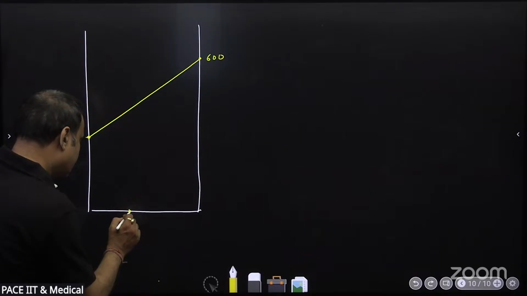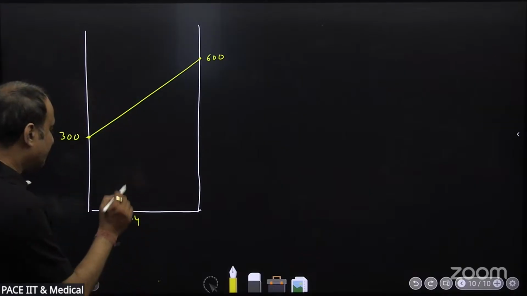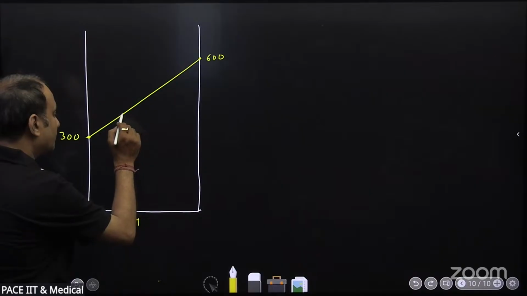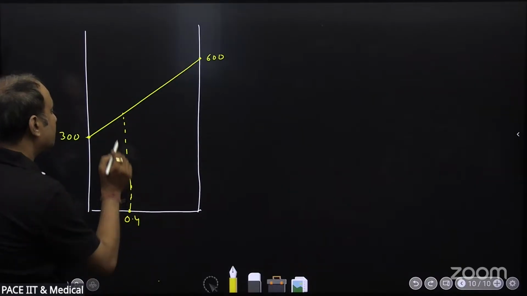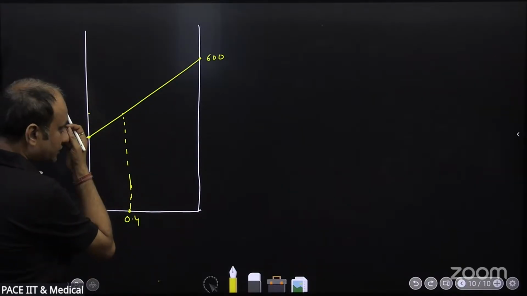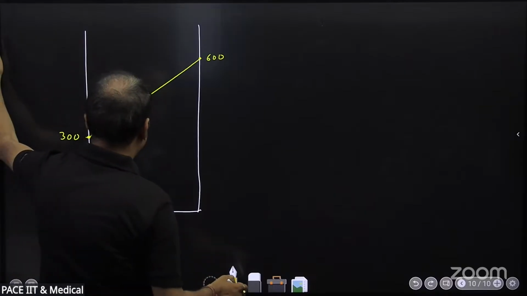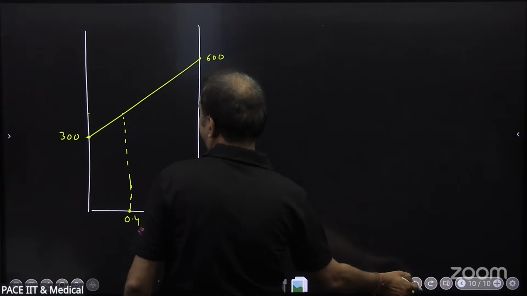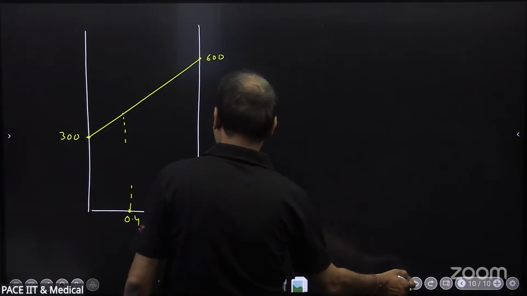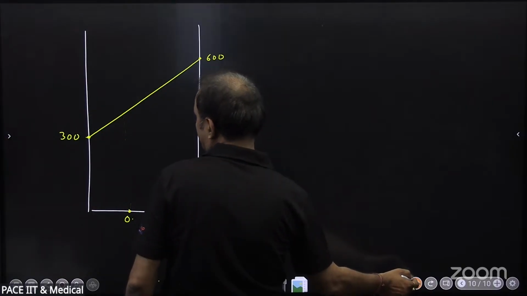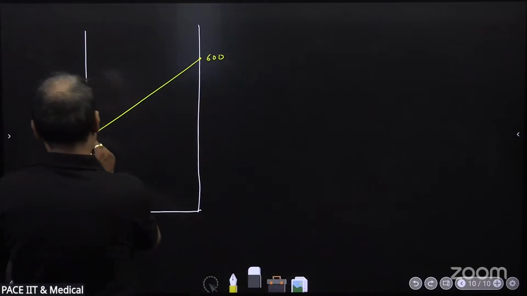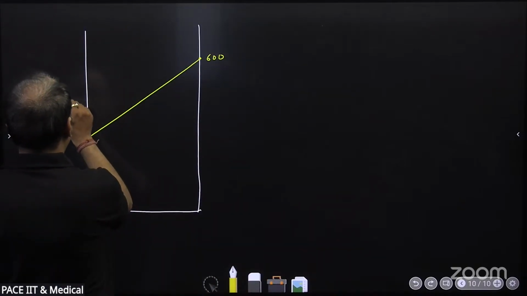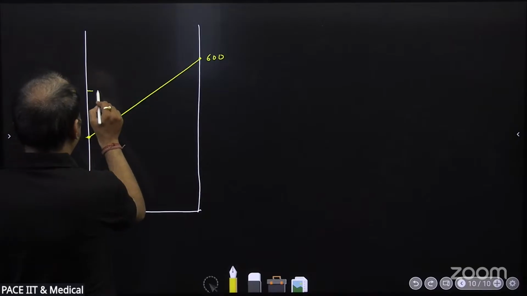So let's say this is 0.4 XA. Corresponding to this, what will be the total pressure? Corresponding to this total pressure, we were getting 420 torr.